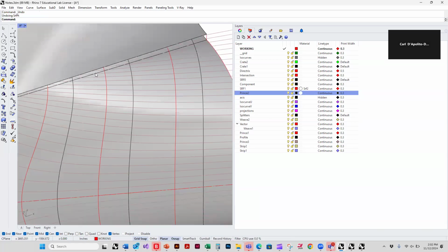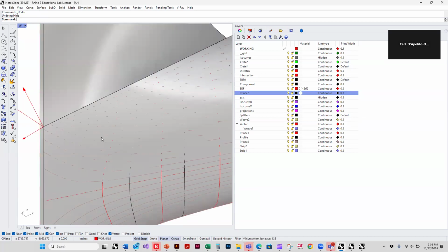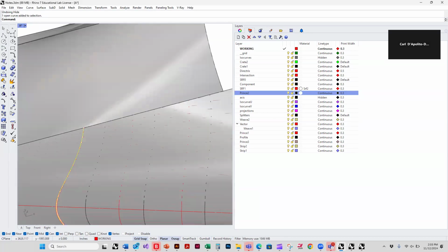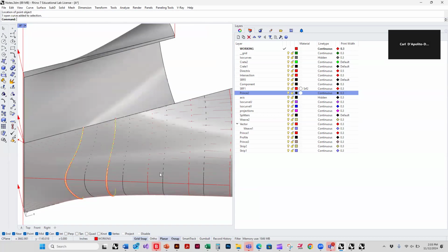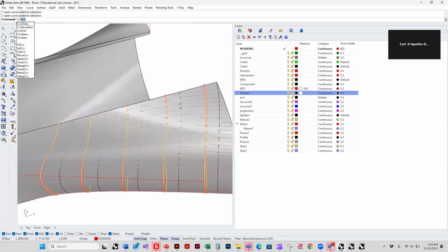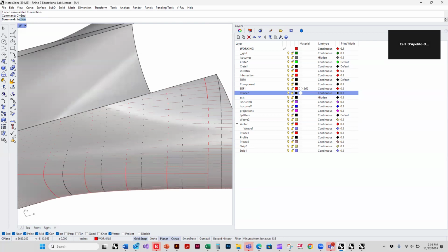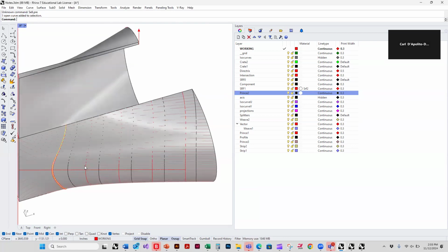So what I need to do also is always mark the ends of these curves with points, which I can do by selecting them, going curve end. It's a long thing. So curve start. That gives me those points.